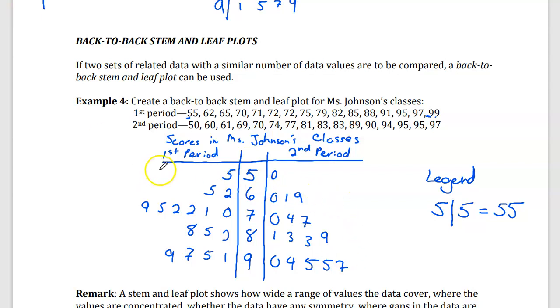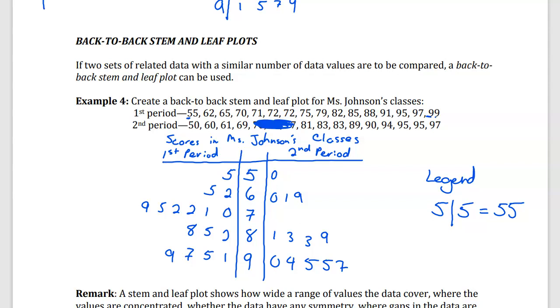Now, if there's not a value for one of your stems, let's say Mrs. Johnson's second period didn't have any 70s, what happens is we just leave it blank. We don't put a 0 there.